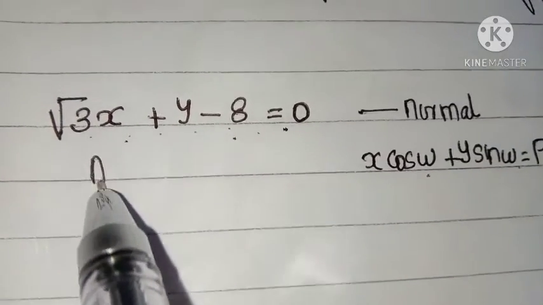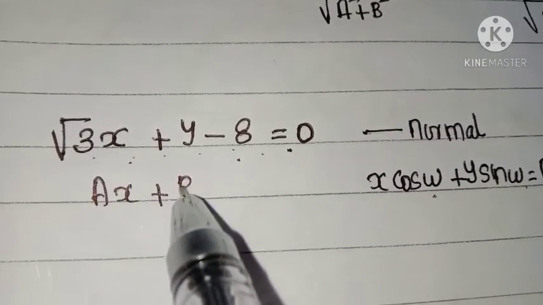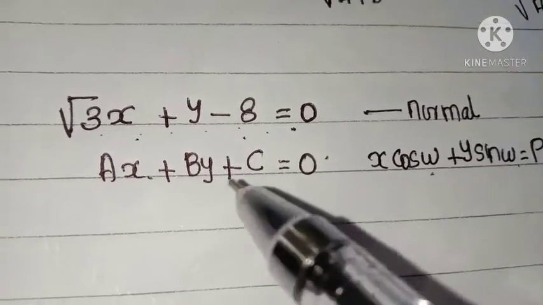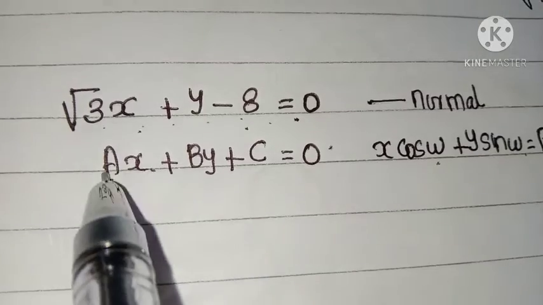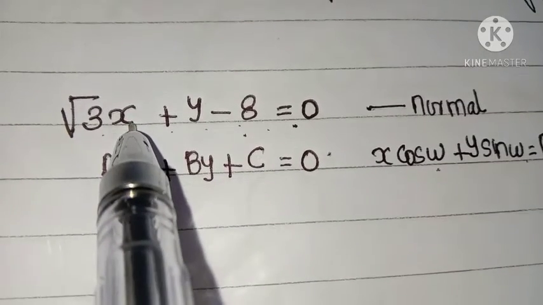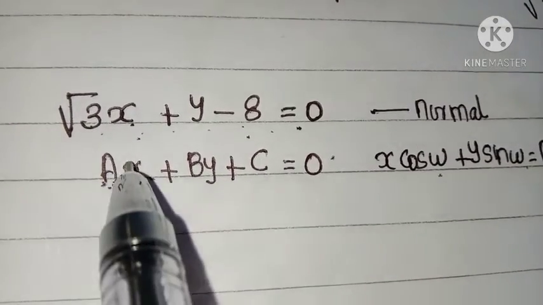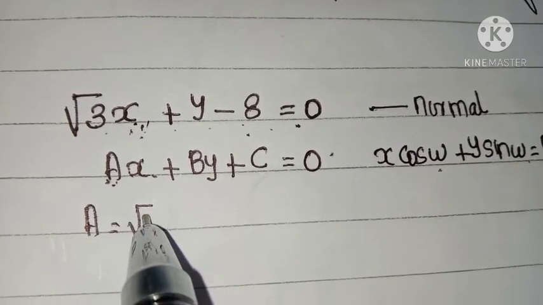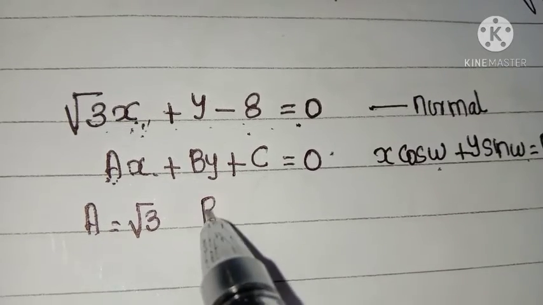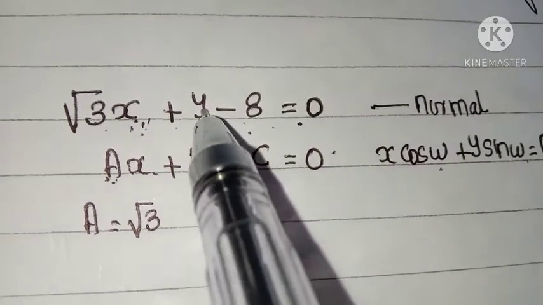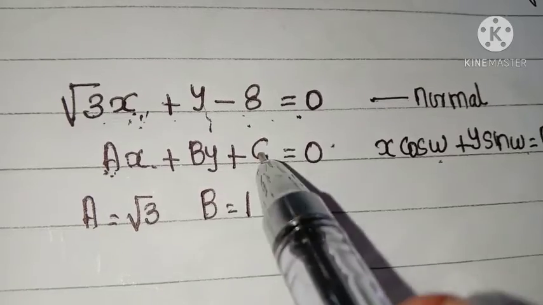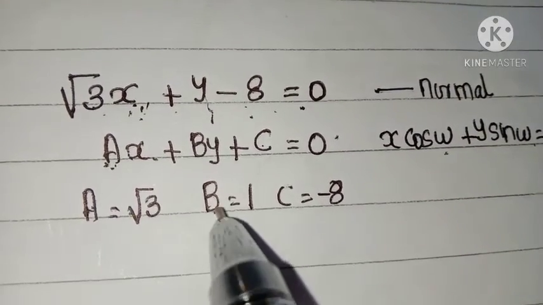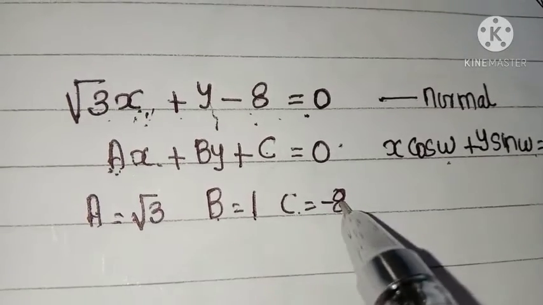Just compare the given equation with our general equation Ax plus By plus C equal to 0. A is the coefficient of x, B is the coefficient of y and C is the constant term. So A is root 3, B is 1, C is minus 8.